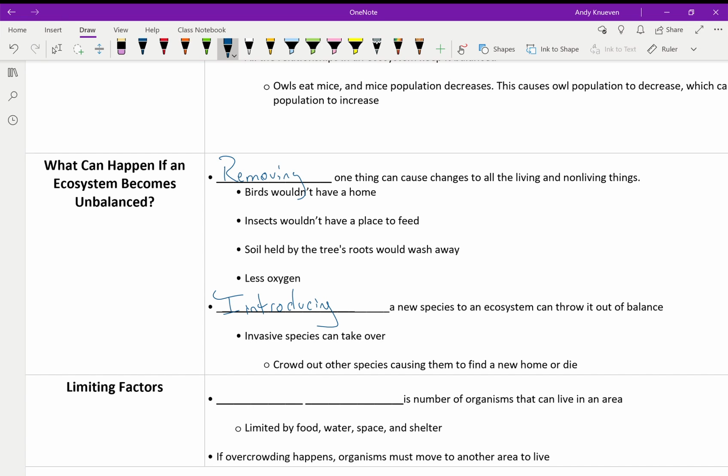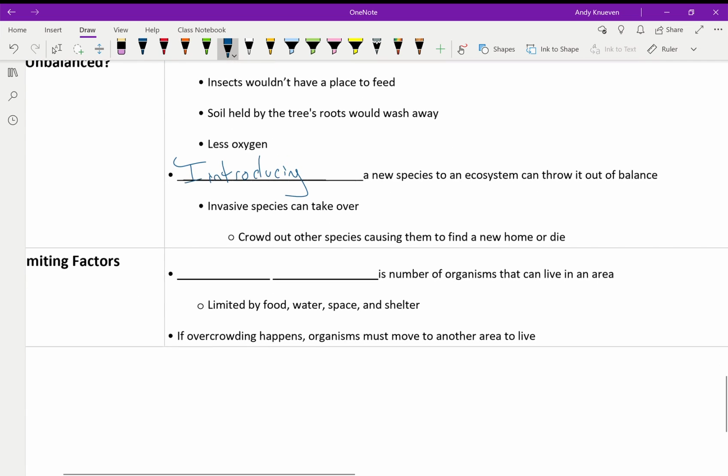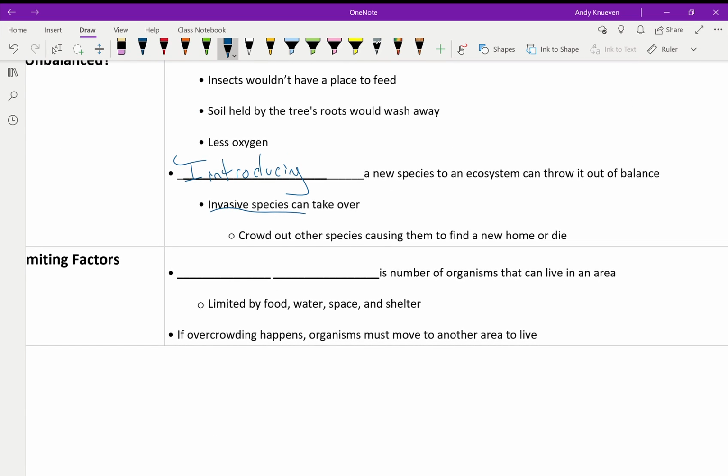Now, introducing a new species to an ecosystem can actually throw it out of balance. And we call those things invasive species. So these invasive species are things that aren't originally from that area, and they come in and they can actually crowd out other species, causing them to find a new home or they die. Some of those invasive species are plants, and there are some ivies out there that are brought in.